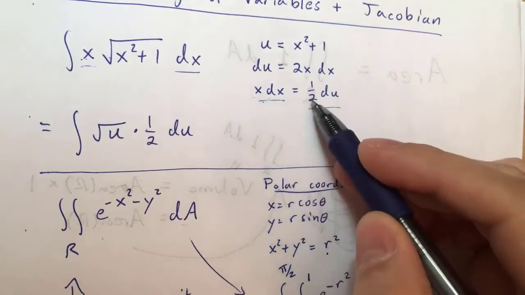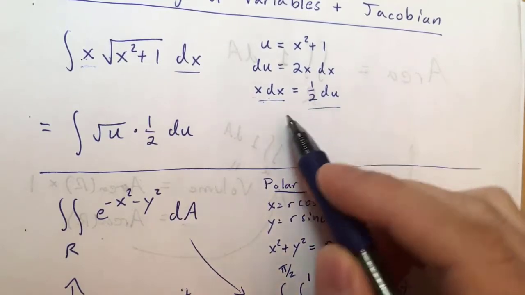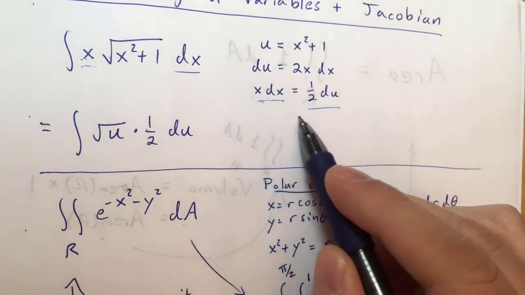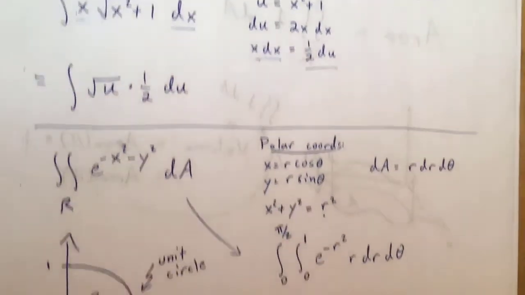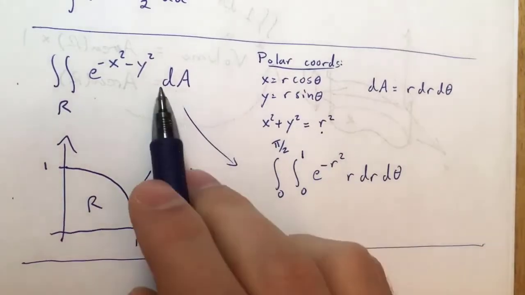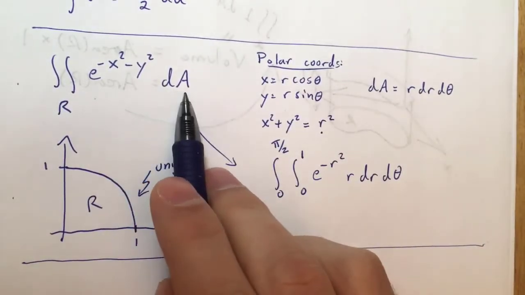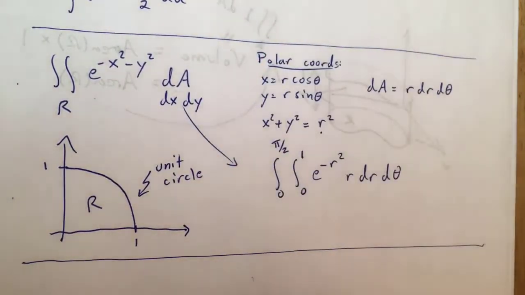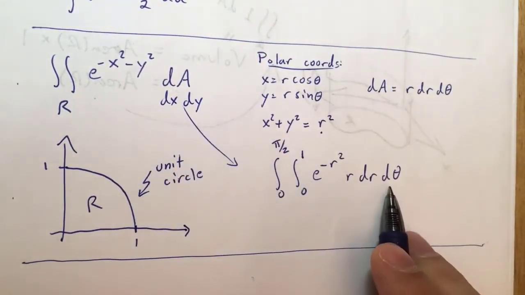Where we had an x, it now became 1/2. In some sense, you could think that we multiplied by 1 over 2x to get from here to here. And over here, like I said, dA can be thought of as dx dy, right? And it changed to dr d theta. But it didn't just change exactly to dr d theta.